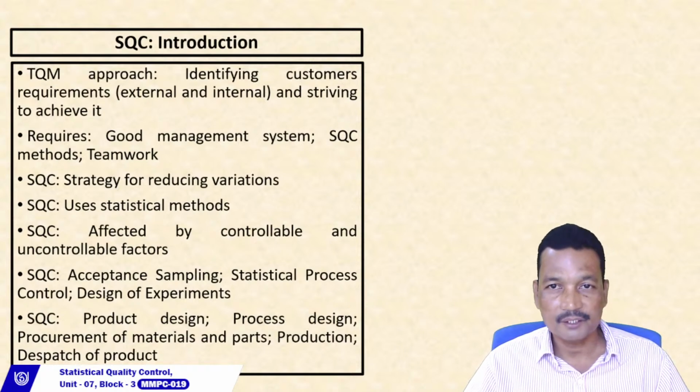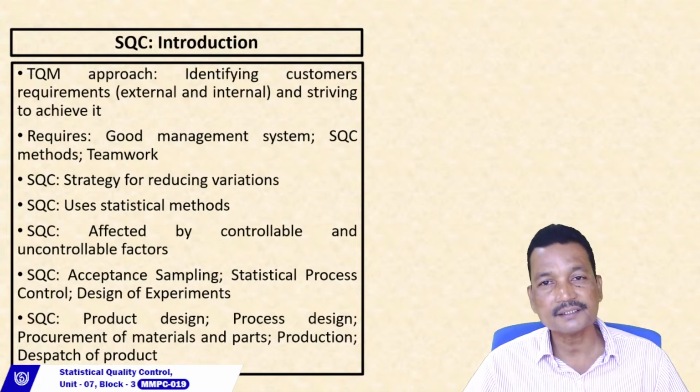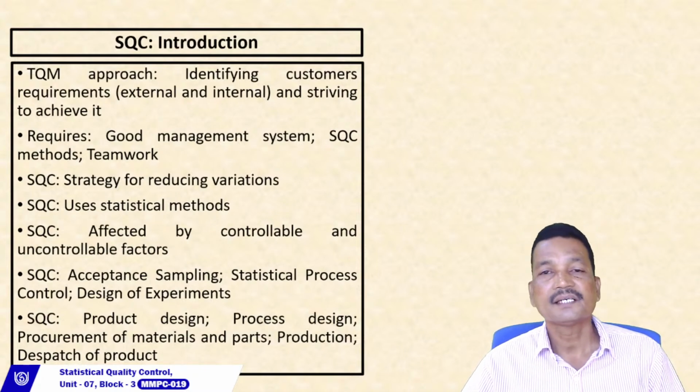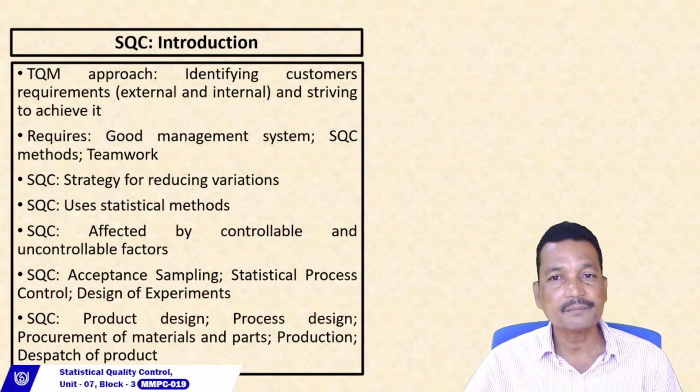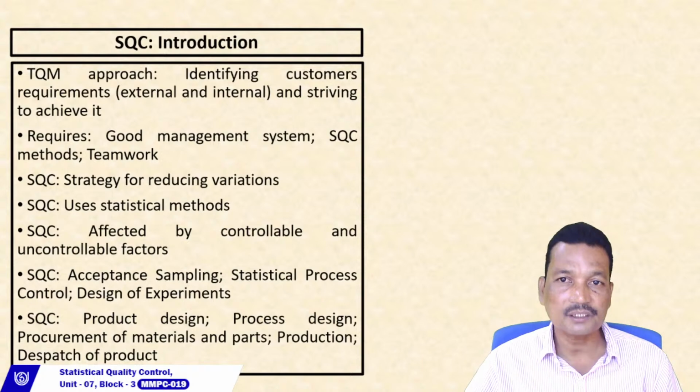Mean is an average. Range is the difference between the highest and lowest in a number series. If we arrange them in order, the highest value and lowest value give us the difference, which is the range.